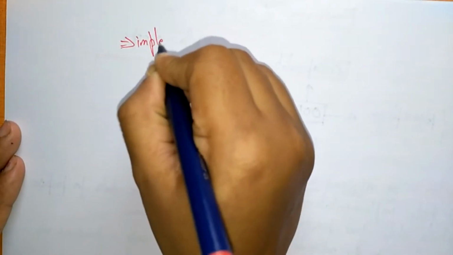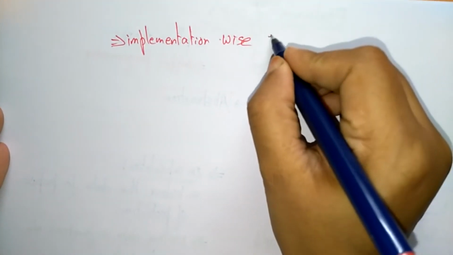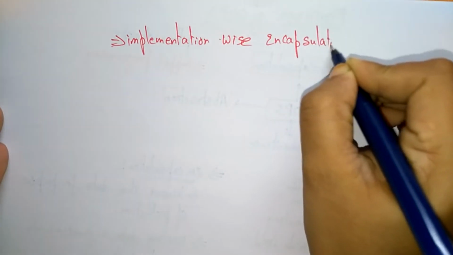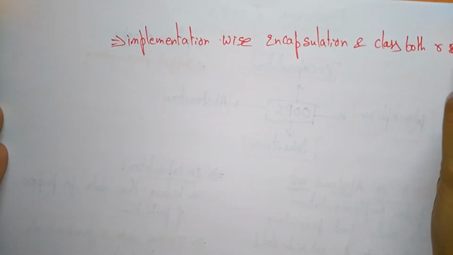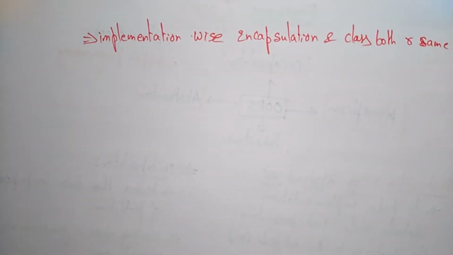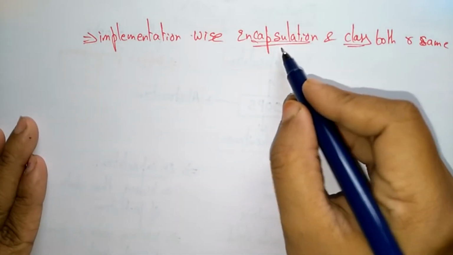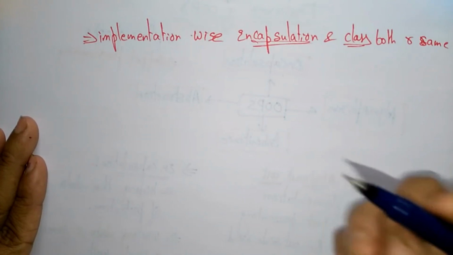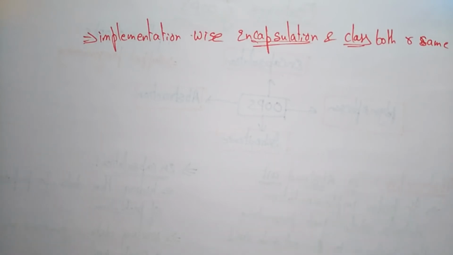Actually, if you take it implementation-wise, encapsulation and class are both the same. Encapsulation hides the details like the variables and the functions, whereas a class is also hiding the details of variables and functions. Well, not hiding, it's just placing the variables and the functions into a single unit.